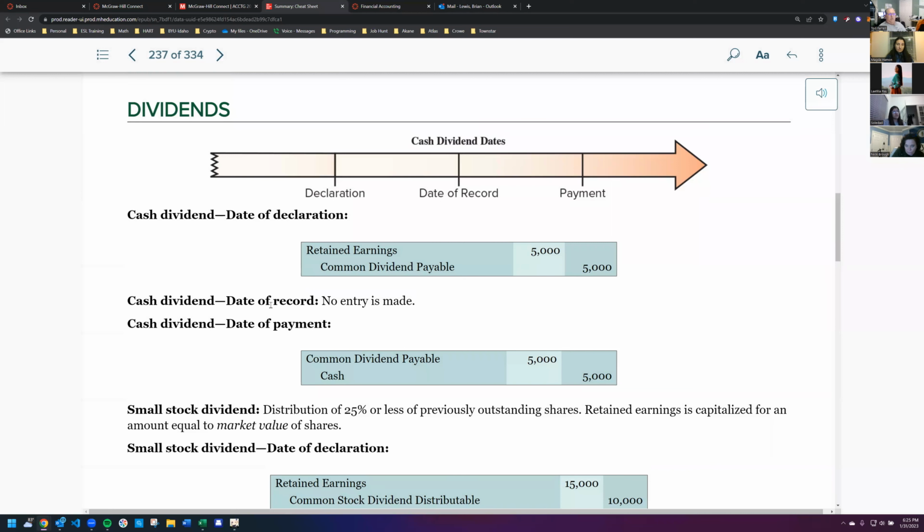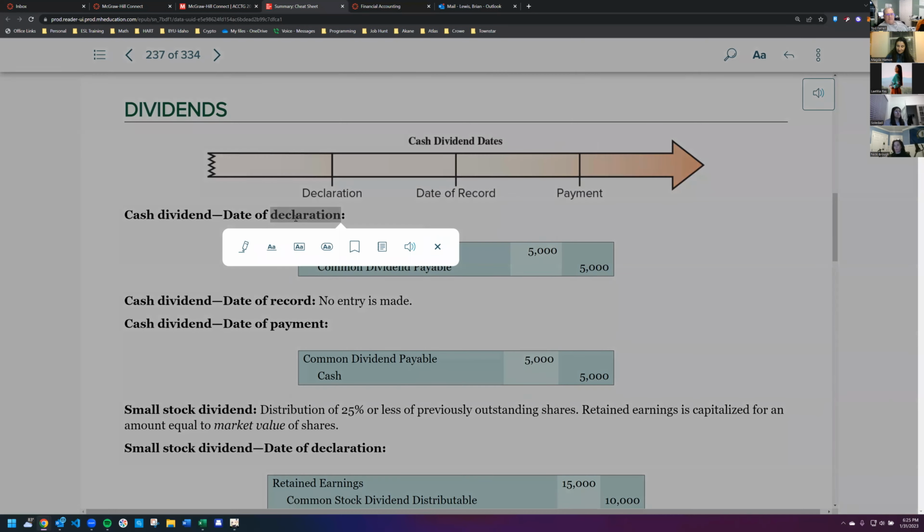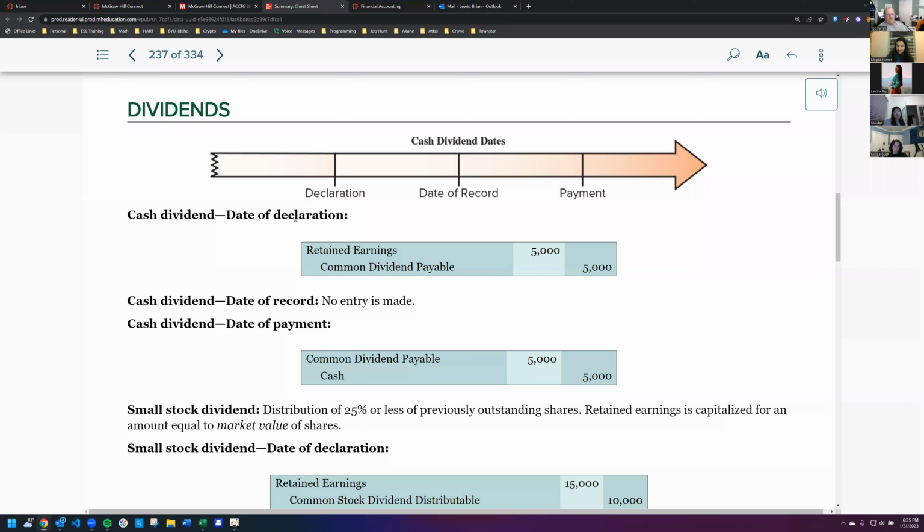Recorded is not posted in the journal, but declared and paid are. Yes, exactly. Because the date that it's declared, let's say in the board of directors meetings, an accountant will go in and actually record that in the books.